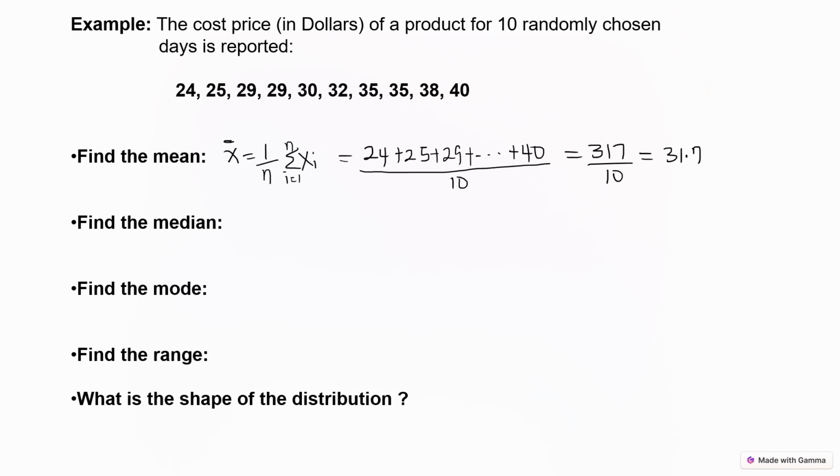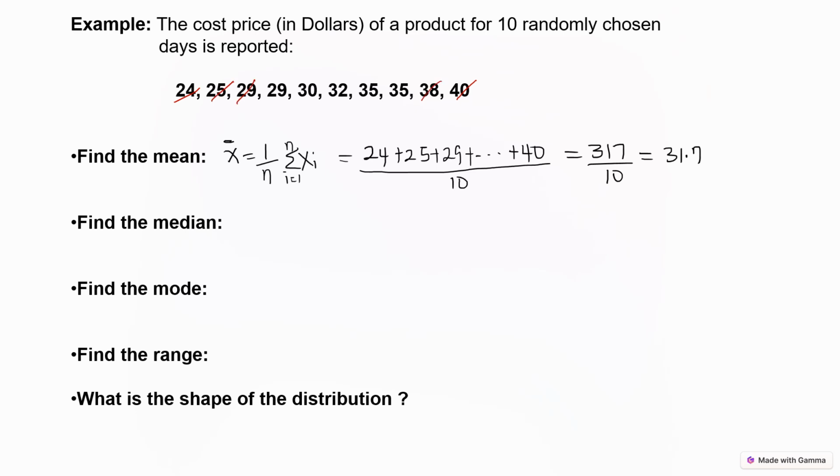The next one is find the median. To find the median, we need the middle value. If you look at this data set, we have an even count, which is 10. So the two middle values are going to be the 5th and the 6th value. Alternatively, you can cancel out the first one, then the second one, and cancel from behind too.